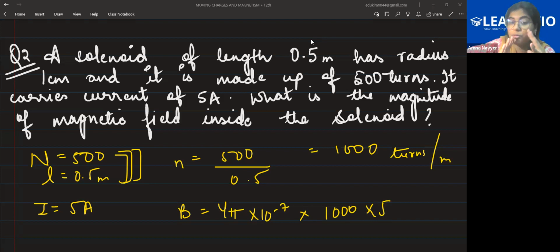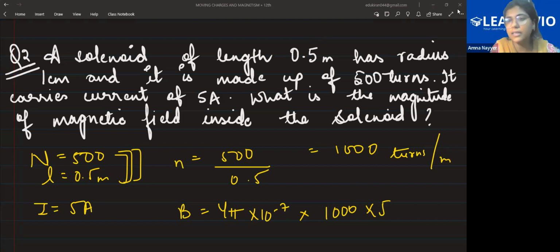You have to be very careful with these questions, because number of turns per unit length, and number of turns and length separately, can be confusing, and that will make your answer different, especially for students who are going to appear for their entrances. In your MCQs, you'll get all four options looking correct.